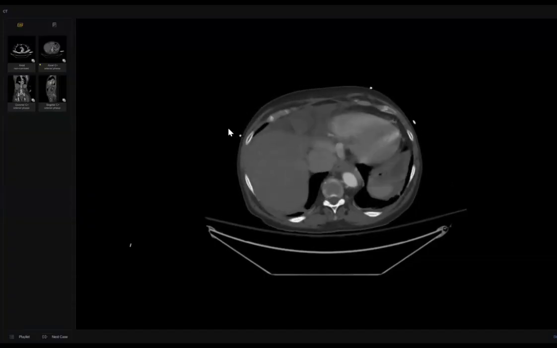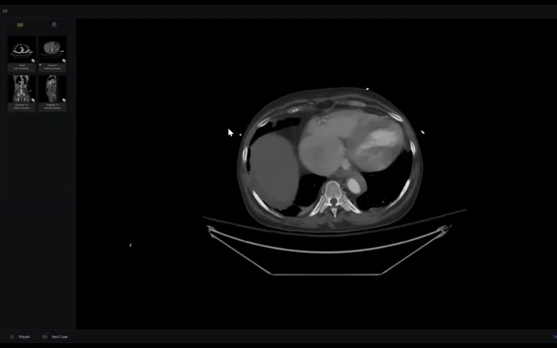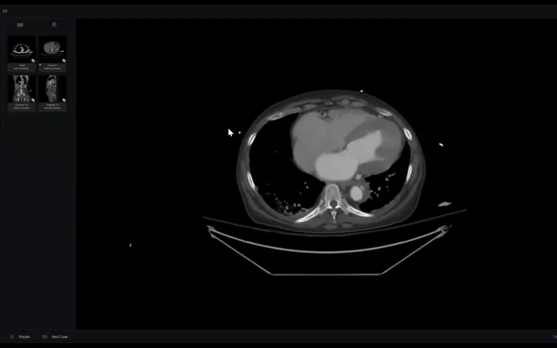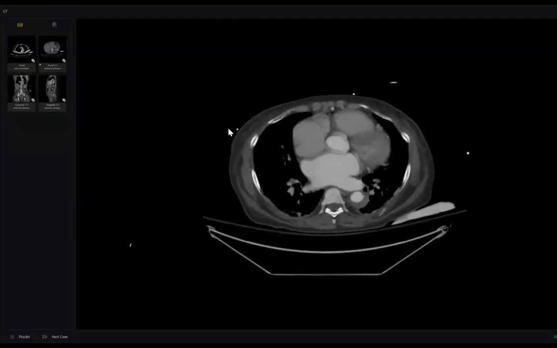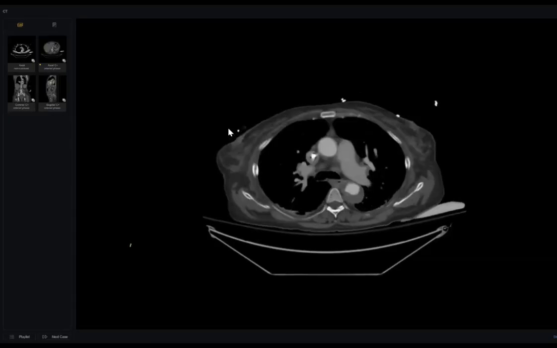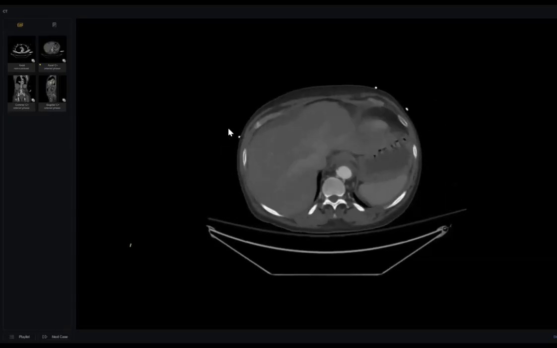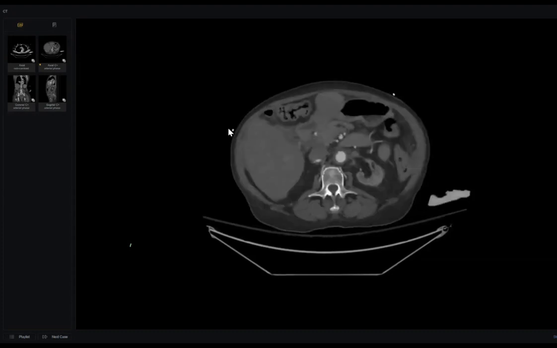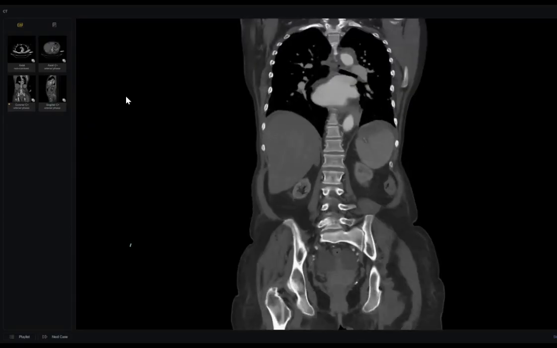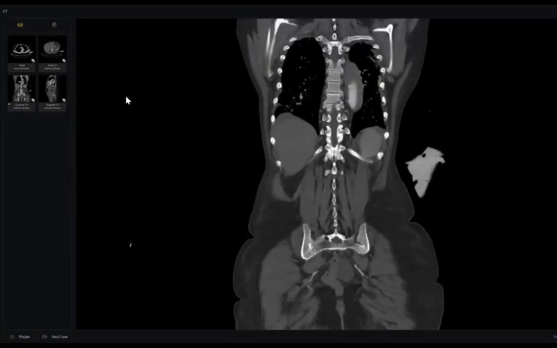No, there is no intimal plaque noted. There is no dissecting plaque noted, so it is acute aortic syndrome, Stanford type B. I will manage the patient. I will tell the findings to the referring physician, and I will refer the patient to the cardiology department for the control of hypertension and symptomatic treatment if needed.